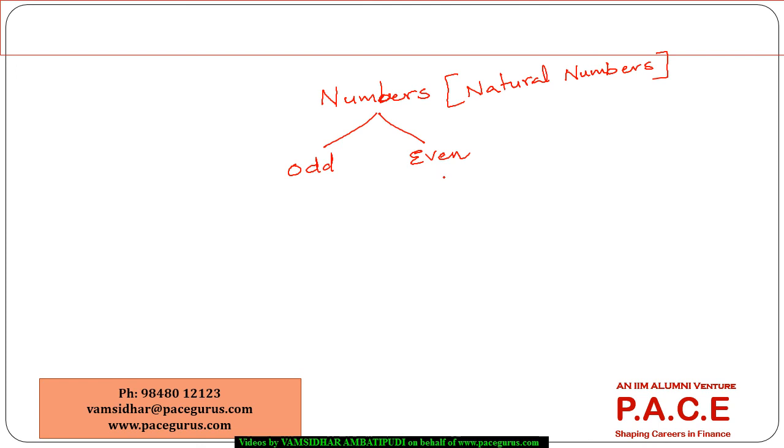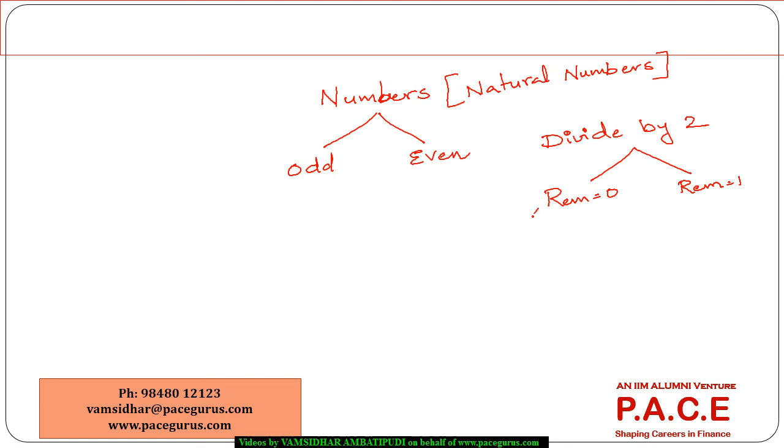So as you all know, any number when I divide by 2, there are only two possibilities. The remainder is either 0 or the remainder will be 1. So whenever I am dividing a number by 2, the remainder can be either 0 or 1.